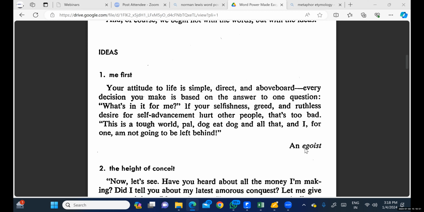So a person who just thinks of himself, just thinking of me, I, he's an egoist. We say, he has a lot of ego. You know, he's an egoist. So a person who's just thinking of himself, just talking about himself, he's an egoist. Is this clear, Nishant?